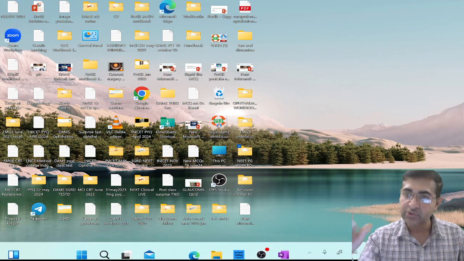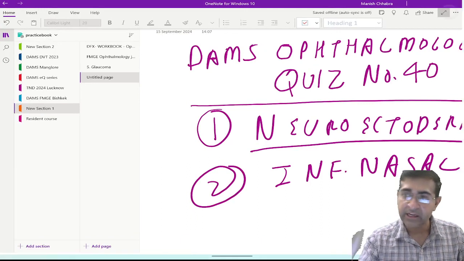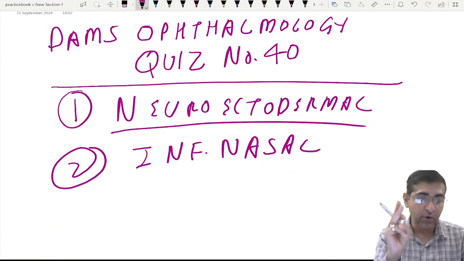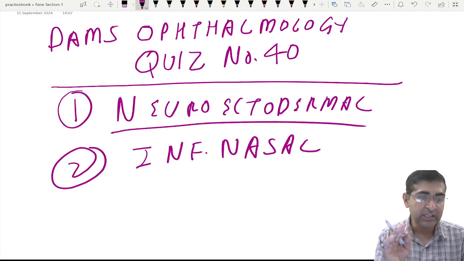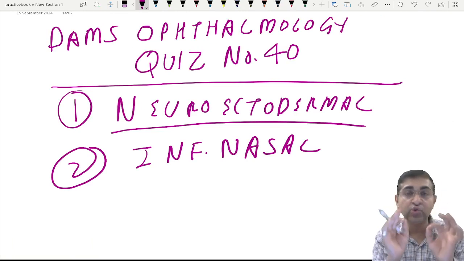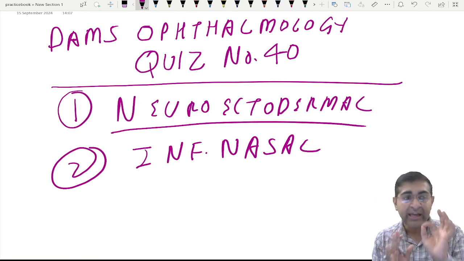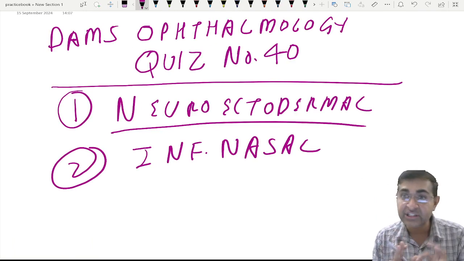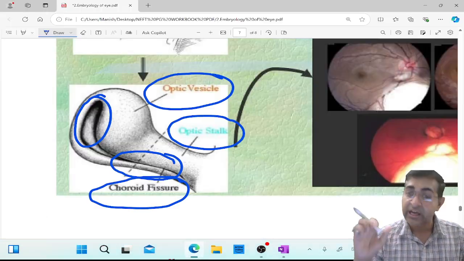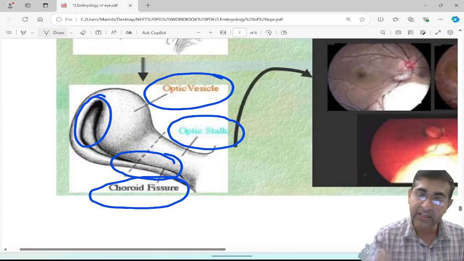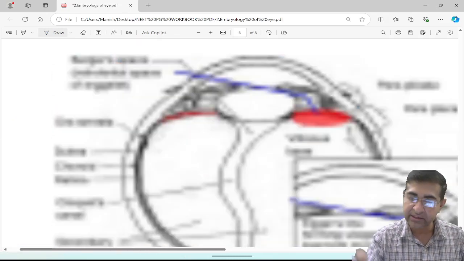All right, so coming back to question number 3 now. The space between the equatorial zonules and posterior zonule is known as... this is your INI-CT November 2023 question. Before proceeding further, I'll show you something very important. Can you check this out?